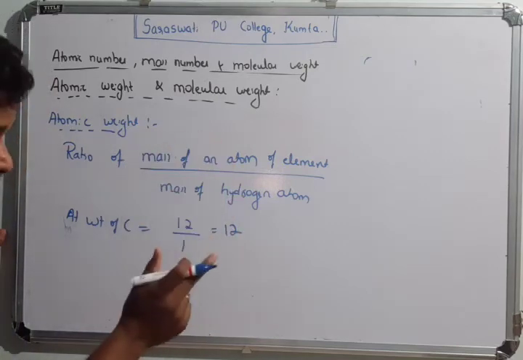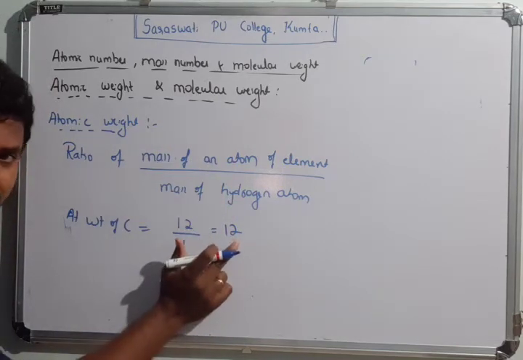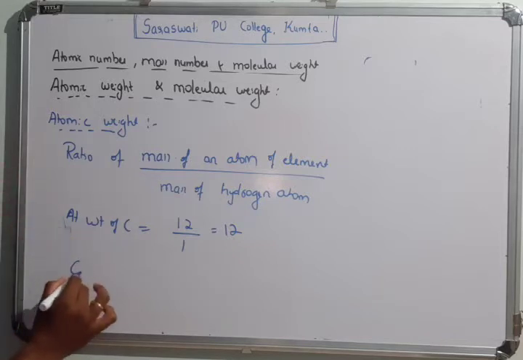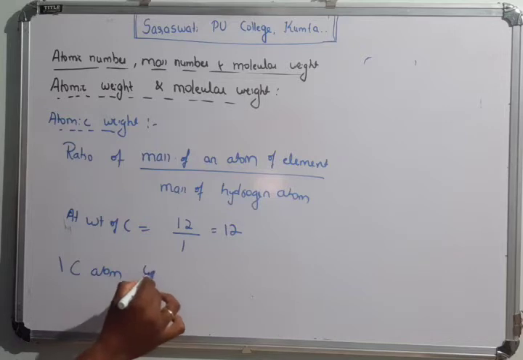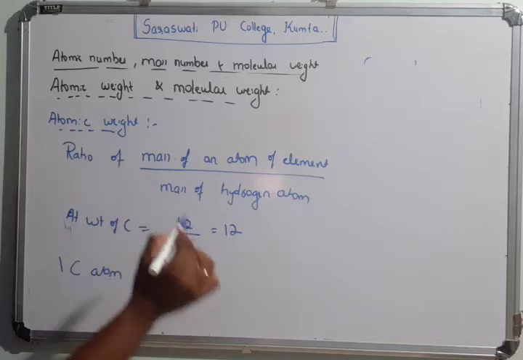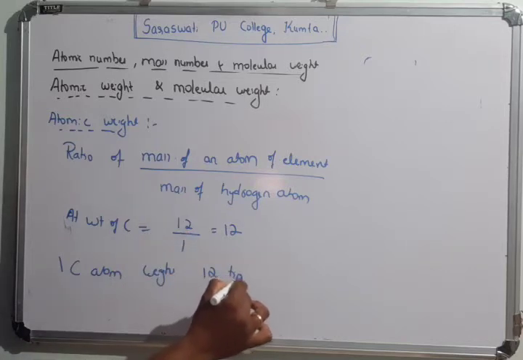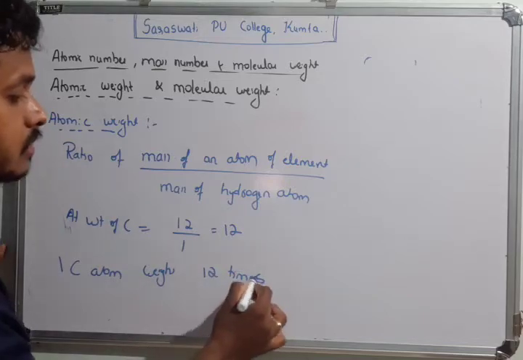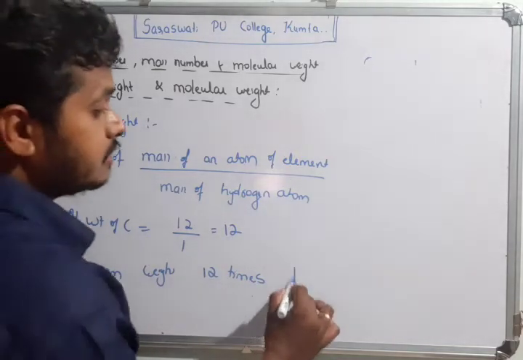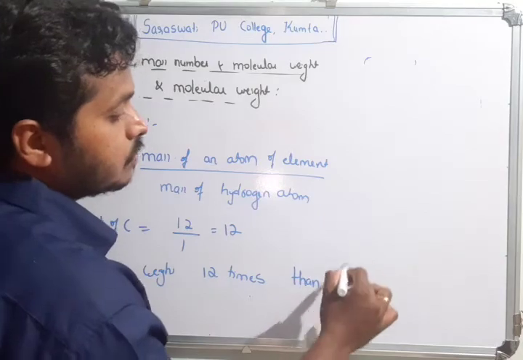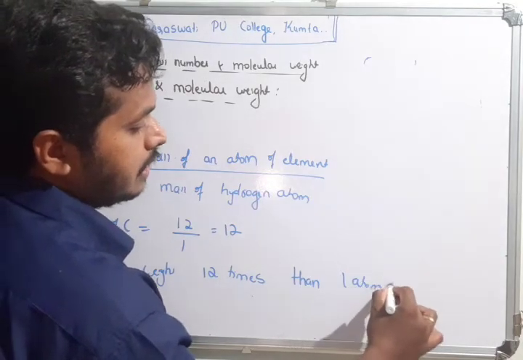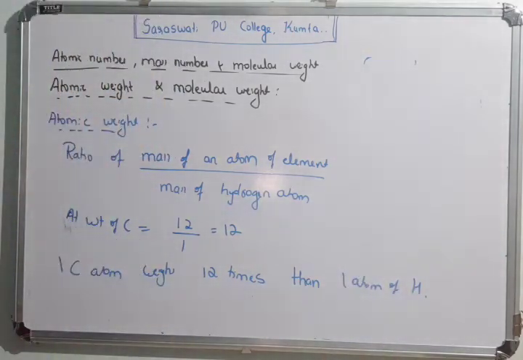That is what the atomic weight of carbon being 12 means: one carbon atom weighs 12 times, or is 12 times heavier than, one atom of hydrogen. That is the simplest way to understand.